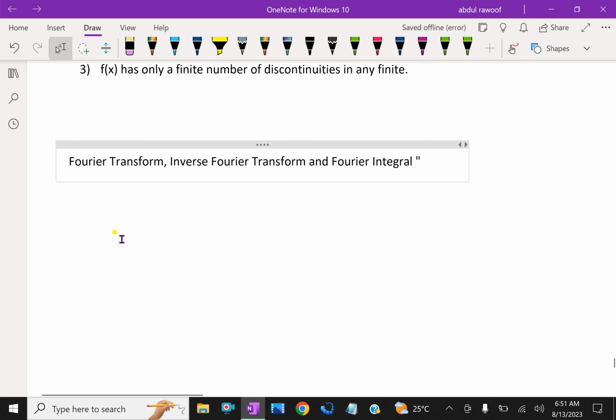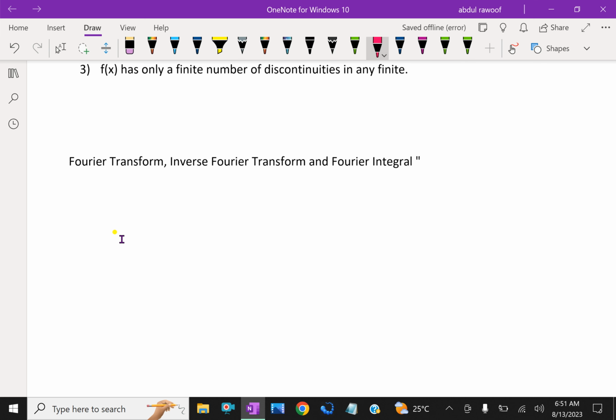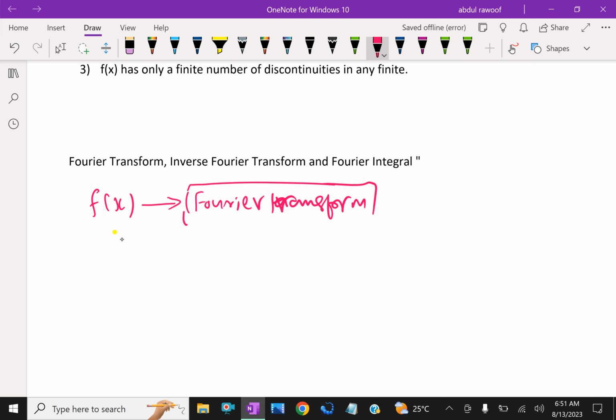Here, for example, a function f of x gives the Fourier transform f dash of lambda.